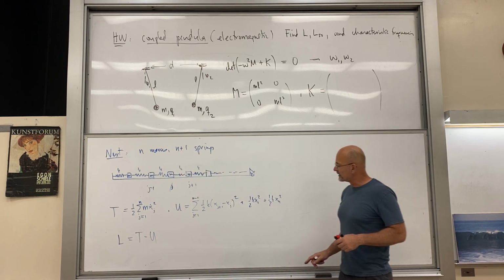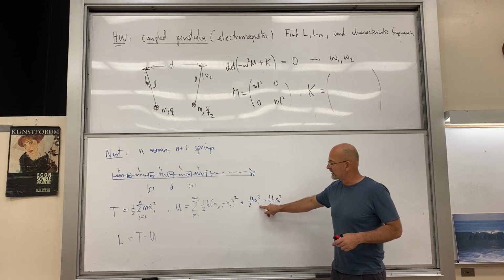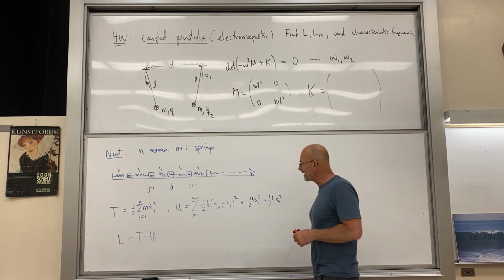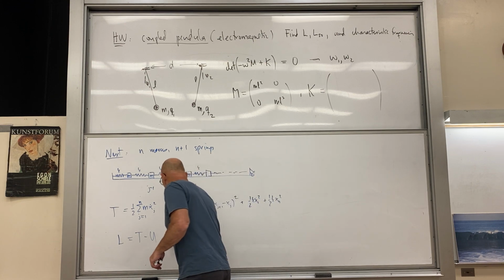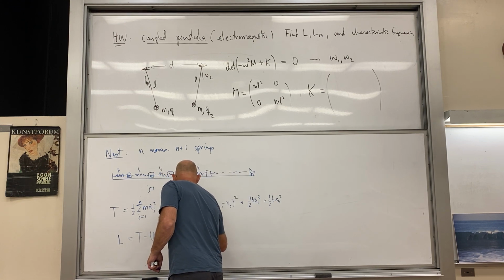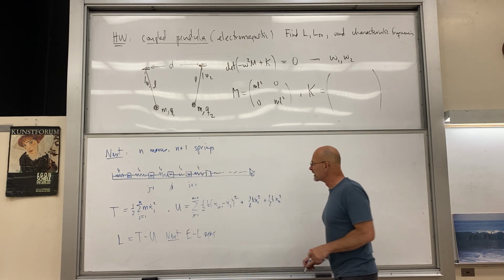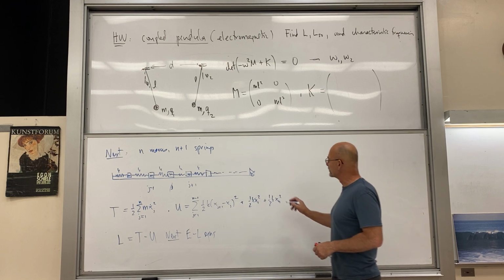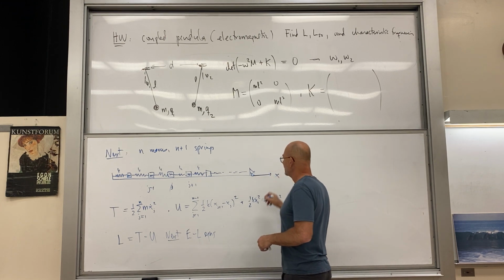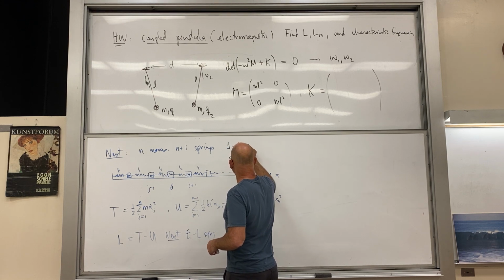Point is, though, when we go for the Euler-Lagrange equation, we won't have to worry about the endpoints as well. So now we have to do next Euler-Lagrange equations for this thing. N masses, n plus 1 springs. X-axis, I'm just going to write one-dimensional.